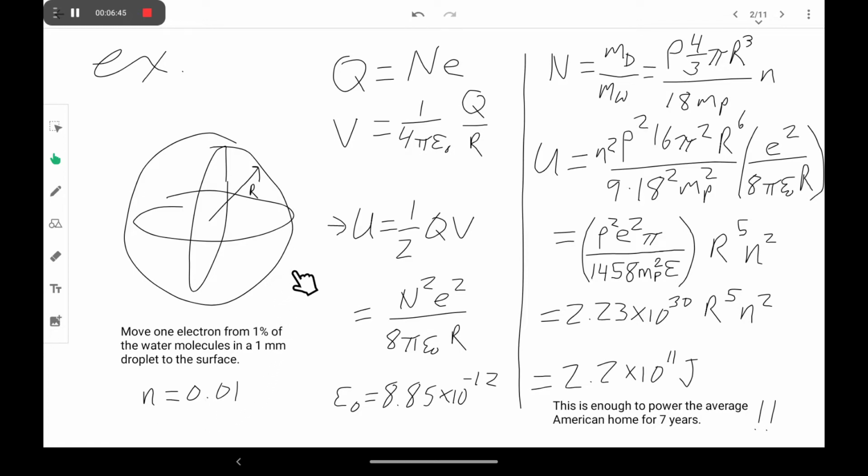So to do so, we're going to need to use our potential energy equals 1/2 Q times V. So we need to find Q and V, V being the potential at the surface. Well, how much charge there is is going to be the number that we took off times the size of the charge of the electron.